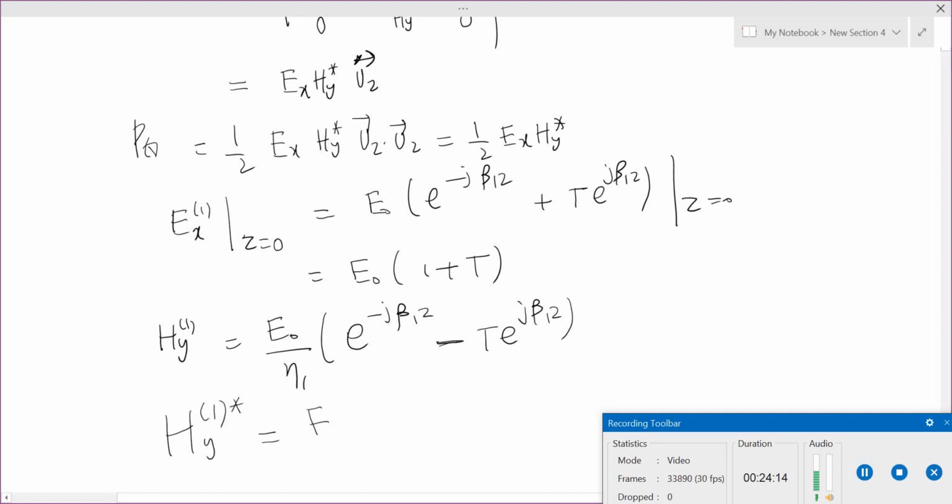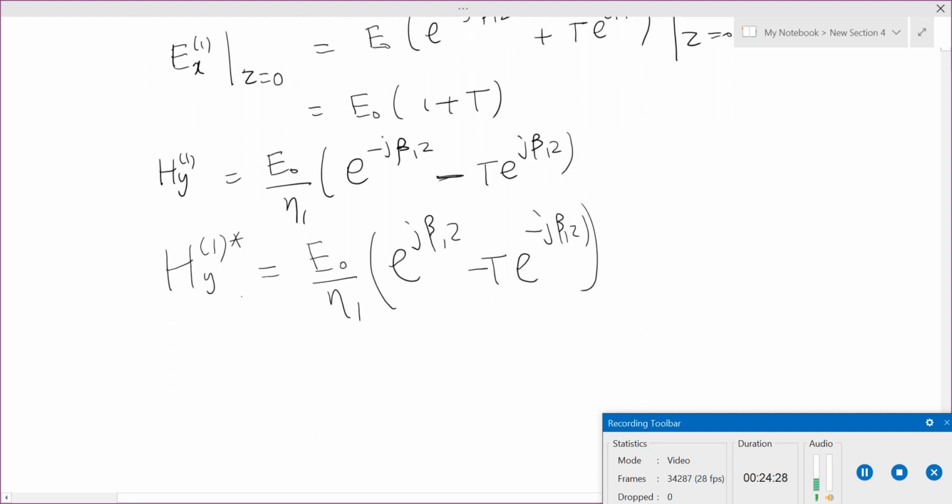That will be E naught by eta 1 e to the power j beta 1z minus gamma e to the power minus j beta 1z, and at z equal to 0, it will be equal to E naught divided by eta 1 times 1 minus gamma.